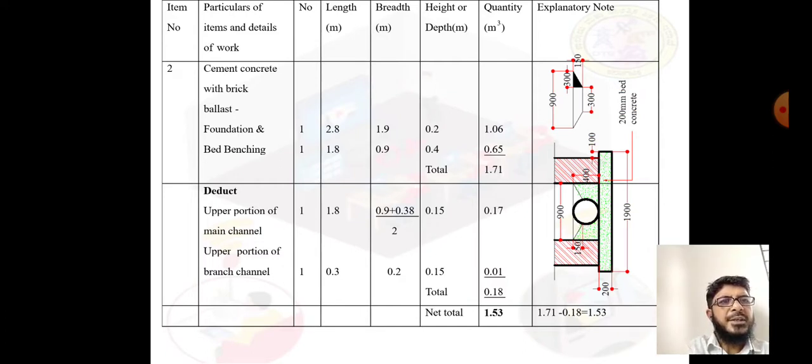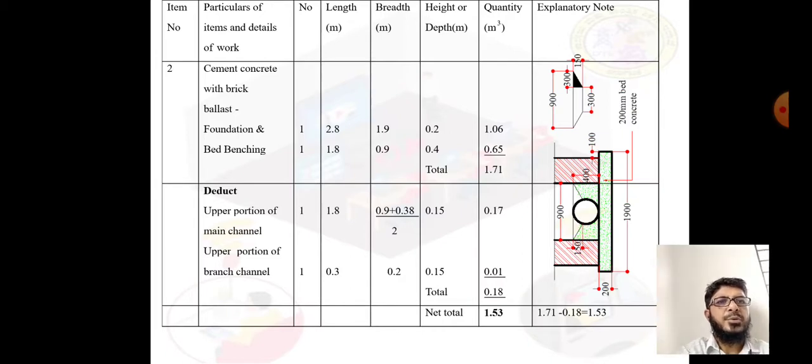Next, for bed benching, if you see the color of the benching, it is tapering towards the center line of the pipe, meaning whatever falls over it should flow to the pipe. So there will be a sloping done on two sides. For that we will do some deduction work later on. First we will calculate as a whole, as a square only.